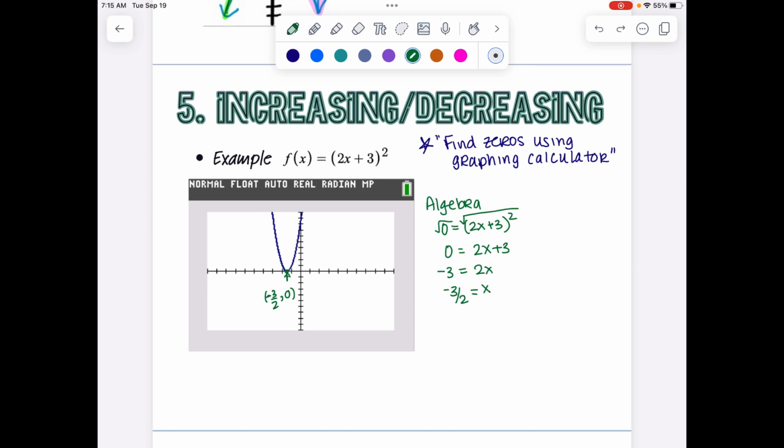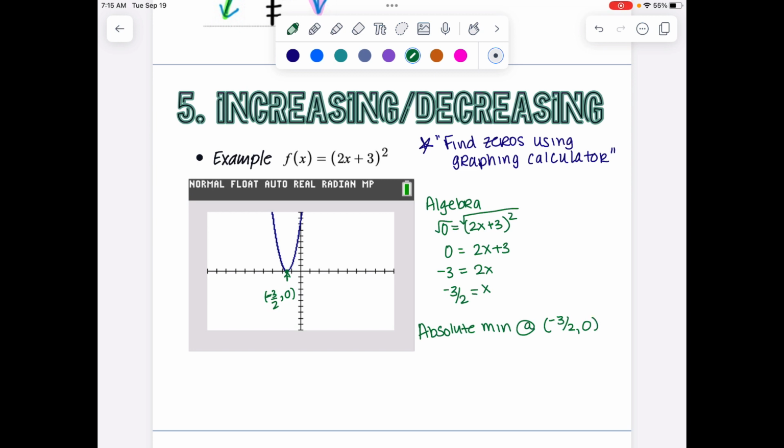So that is my minimum. That is an absolute minimum. Absolute min at (-3/2, 0).